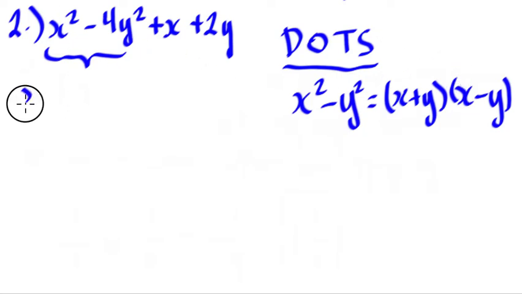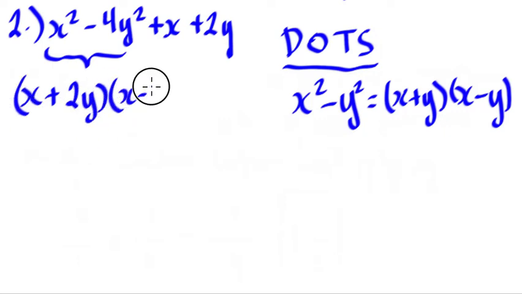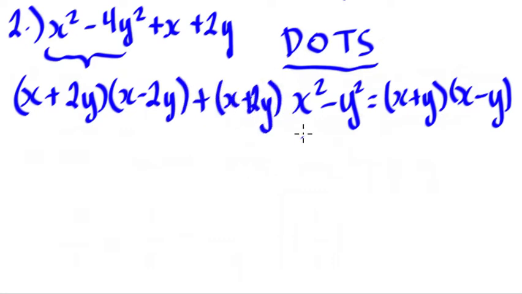So what we have is x plus 2y times x minus 2y. That's for the difference of two squares. Then we put plus x plus 2y. Let's put a line so that we won't confuse that.